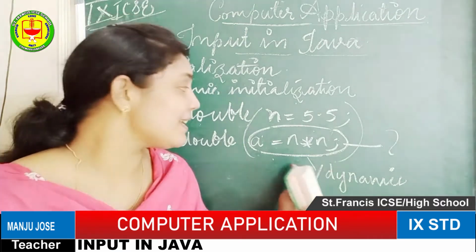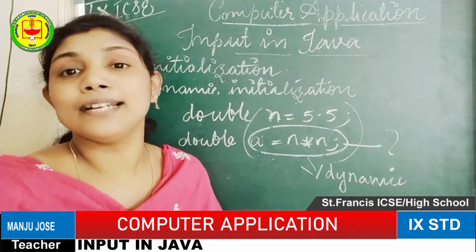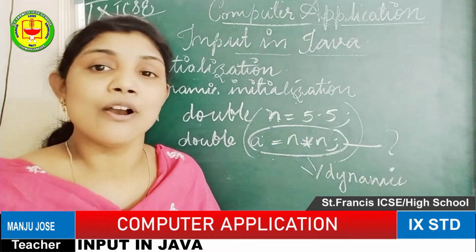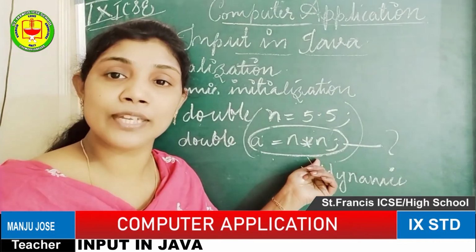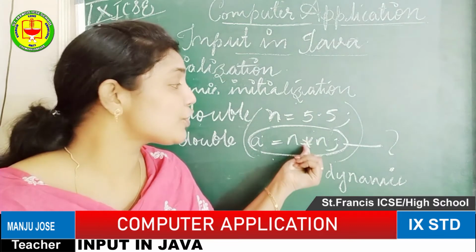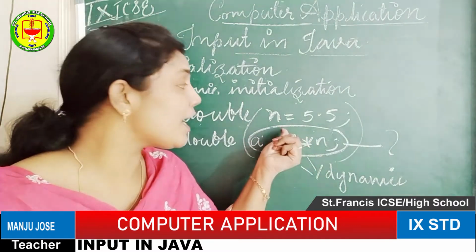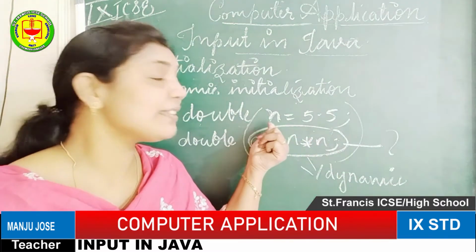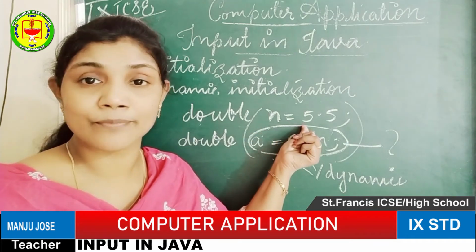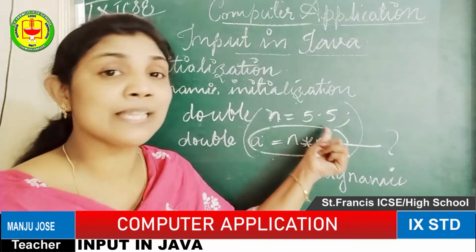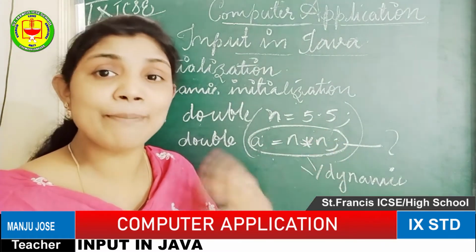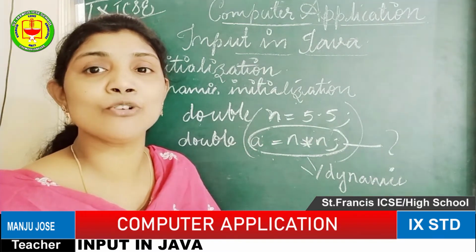This is the way we use dynamic initialization. It is also a type of initialization, but instead of a direct value we are using a variable that is already initialized. Here I have given only a simple value. Sometimes a five-digit value also needs to be used, n equal to 35,000.